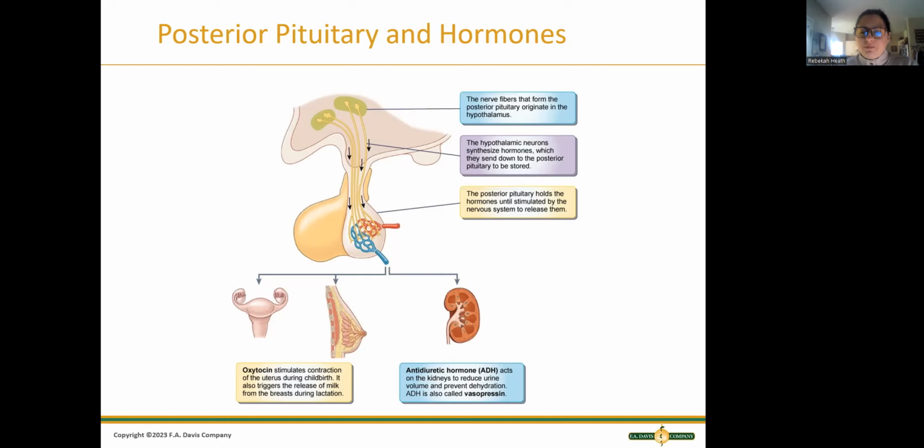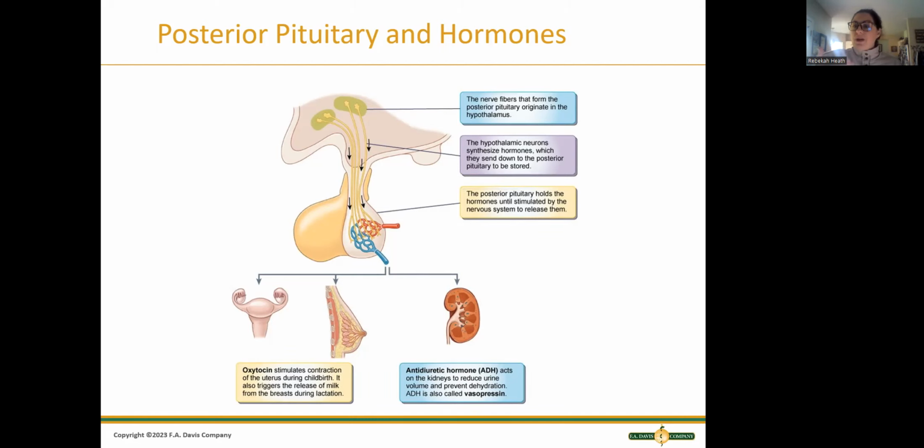So let's break down the word anti-diuretic hormone. So what is diuretic, right? You think, okay, if I give my patient diuretics, we're going to diurese. We're going to pull fluid off, right? Antidiuretic means it's against it. It is going to keep more fluid. So it actually stimulates the kidneys to reduce the urine volume, how much we're getting rid of or excreting.